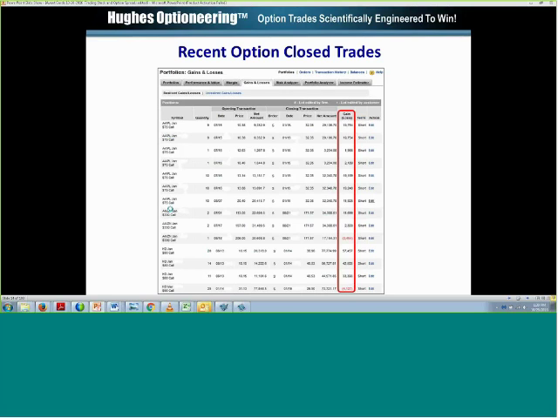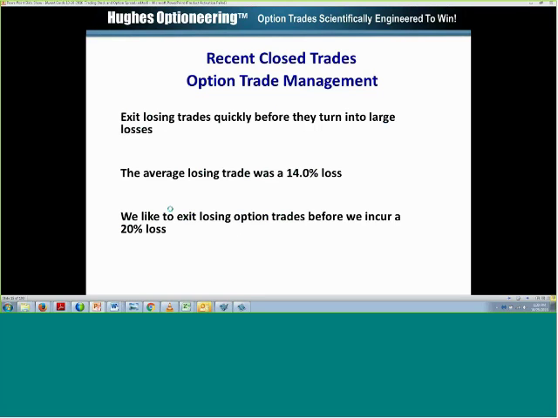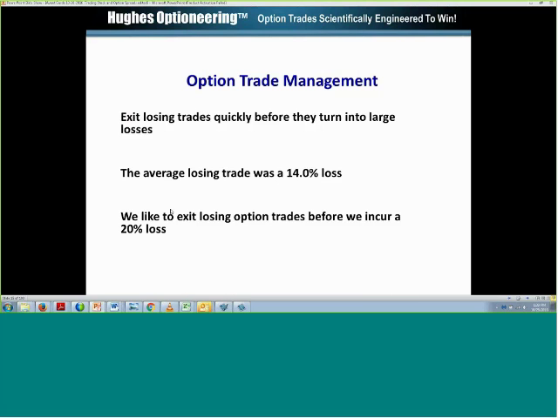This is just a recent listing of some closed out trades in our option portfolio, and these are for Apple, Amazon, Home Depot, Netflix. And what I did was I calculated the average losing trades that you see here versus the average winning trades. The average losing trade in this portfolio of closed out trades was a 14% loss.